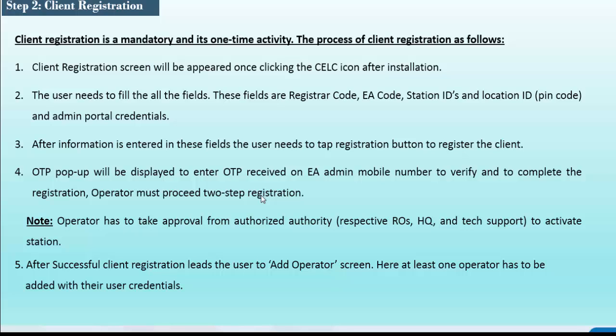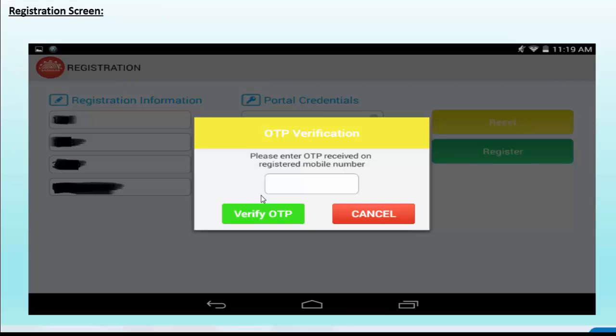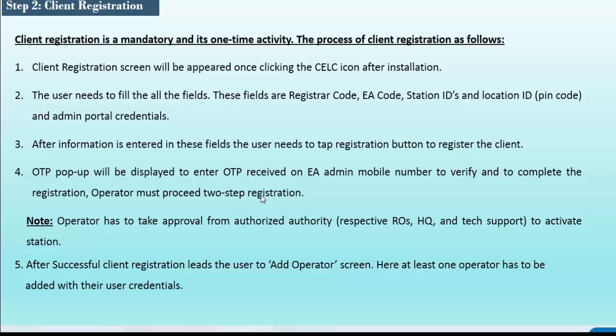You have to get this OTP from your EA admin, then enter that OTP in this OTP verification screen. Once you enter this OTP, you can click the verify OTP button. Then it will validate with the UIDAI server. Once this OTP is matched with the UIDAI server, we can register the client successfully.